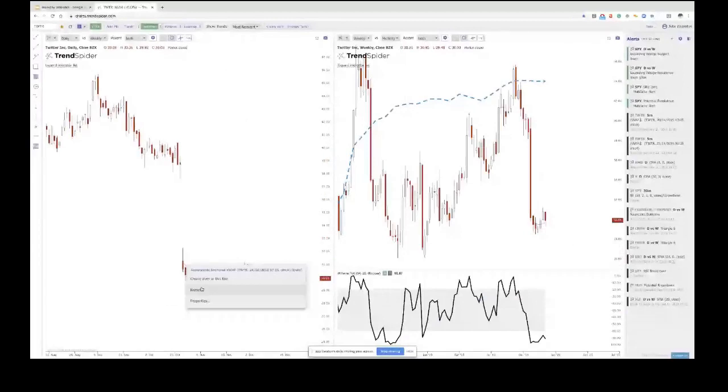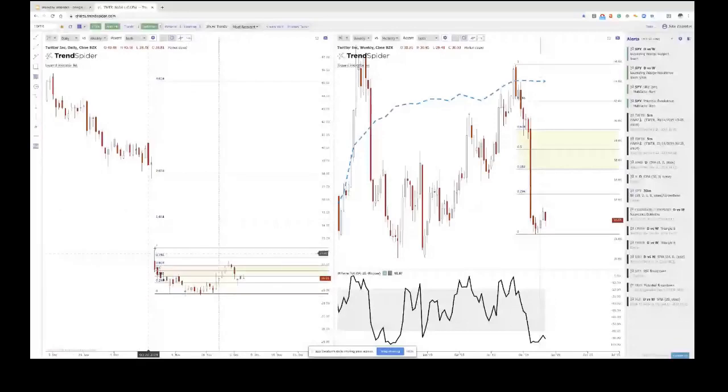If we turn on the auto fib here, you're going to find this particular measured move from the very top of the range on the gap down from earnings, and then the very bottom here on October 31st. You can see how the price action has respected these areas, especially the 0.618 area back in late November. So this is how you can utilize the auto fib.